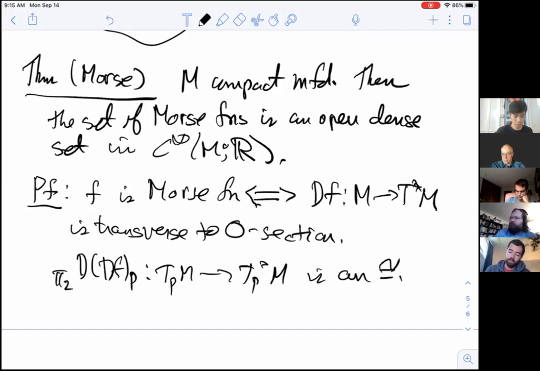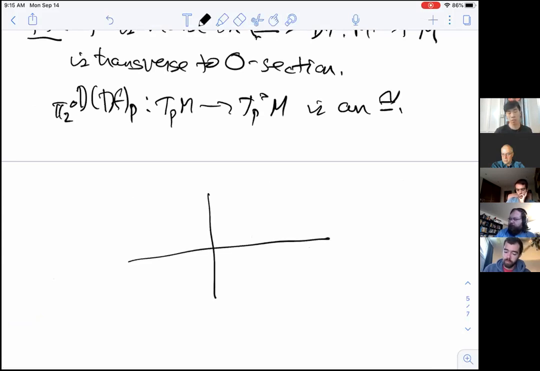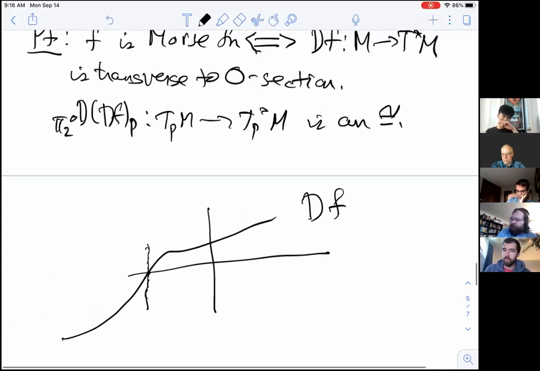The Hessian's non-degenerate if and only if that map is an isomorphism, which is exactly the condition that the map, so here's the cotangent bundle, here's the map of the manifold df. The condition that df be transverse to the zero section is that the projection of the differential onto the vertical space be an isomorphism. Right?